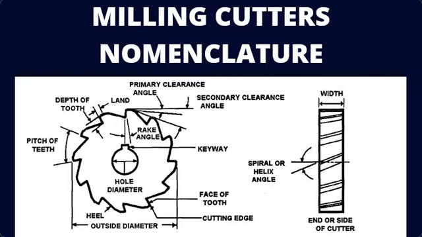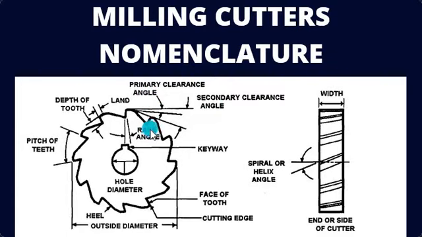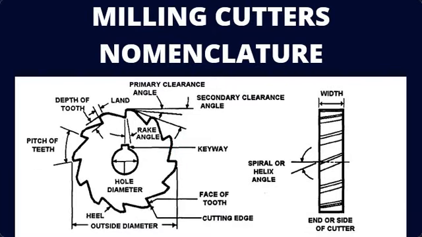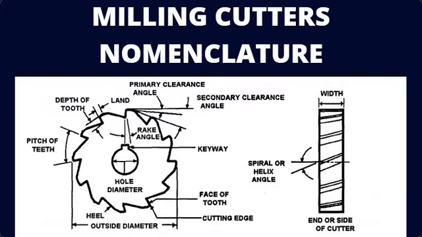The primary clearance is the angle of the land of each tooth measured from the line tangent to the center line of the cutter at the cutting edge. This angle prevents each tooth from rubbing against the workpiece after it makes its cut. This angle defines the land of each tooth and provides additional clearance for passage of cutting oil and chips.